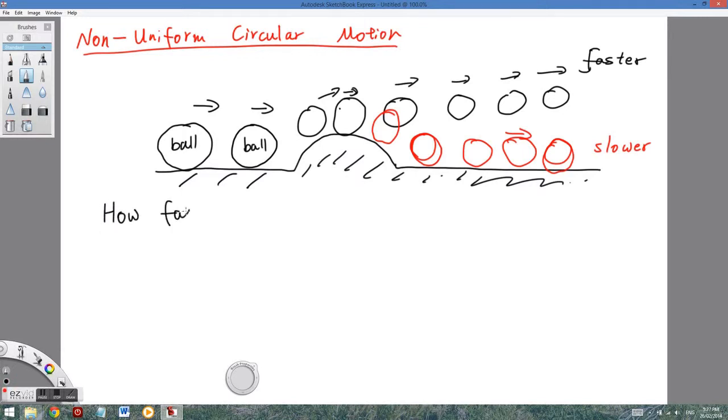How fast? How fast until the ball would lose contact with the ground?